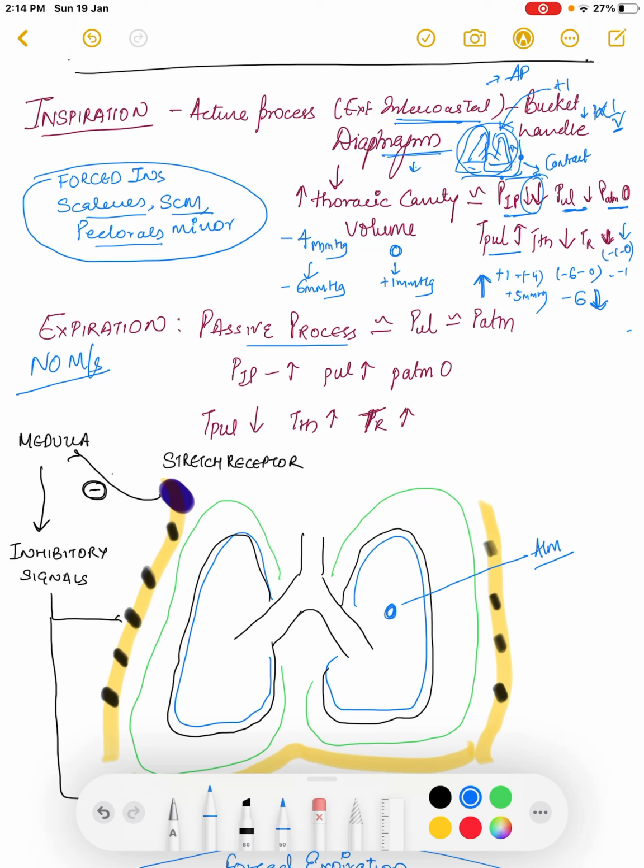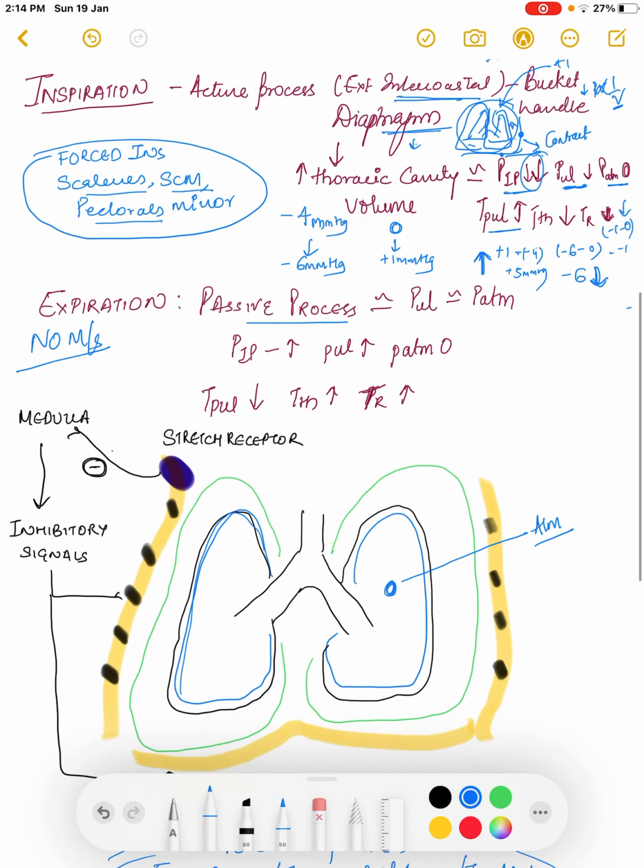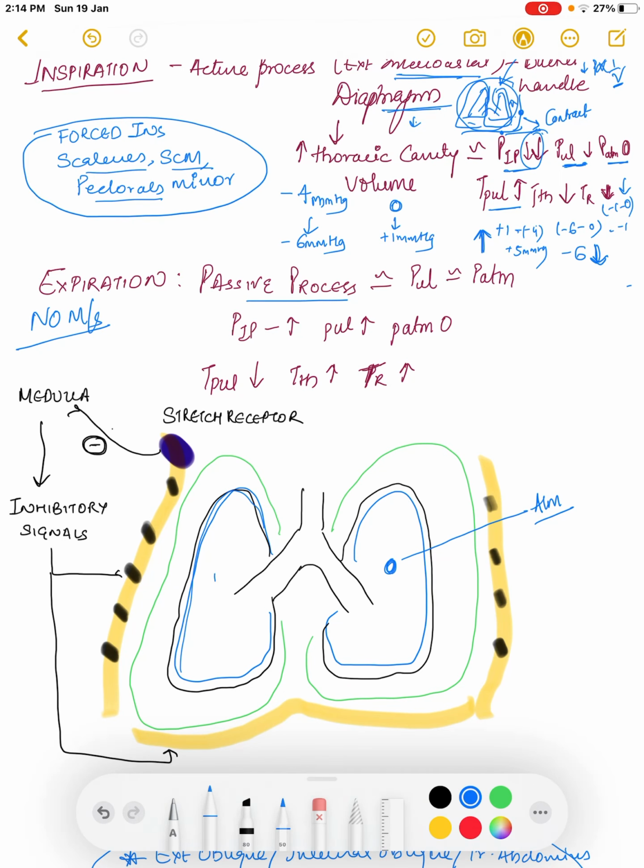Once the lung is full of air, now what happens? The pulmonary pressure increases and also the intrapleural pressure increases. Why? This is for later on.